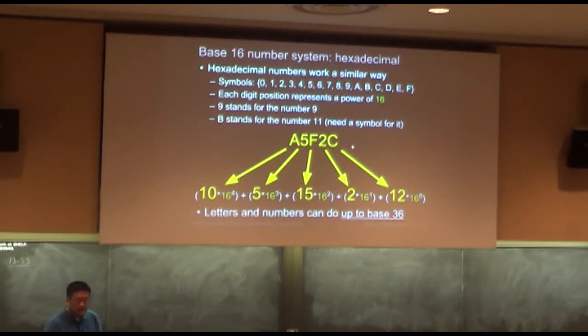And when I translate that, that will literally be 10 times 16 to the 4th, plus 5 times 16 to the 3rd, plus 15 times 16 to the 2nd, and so on and so on. Just like the numbers you are comfortable with are individual multiples of powers of 10 that we've seen before.